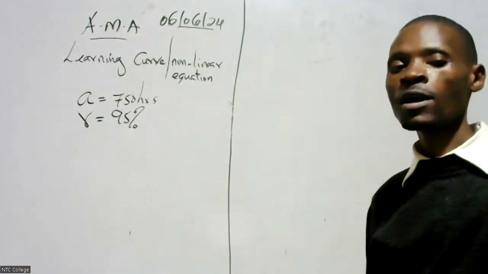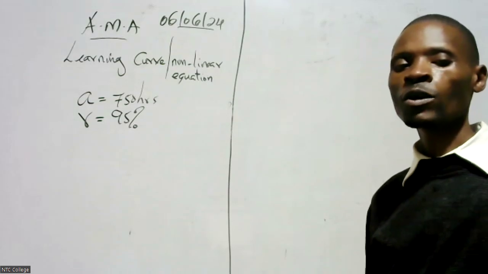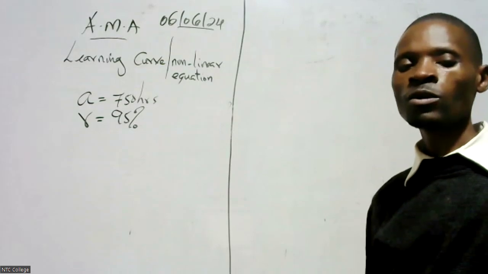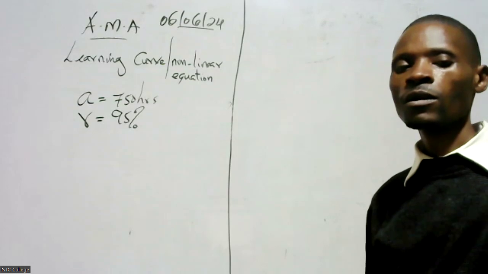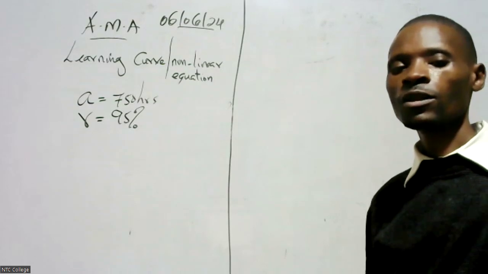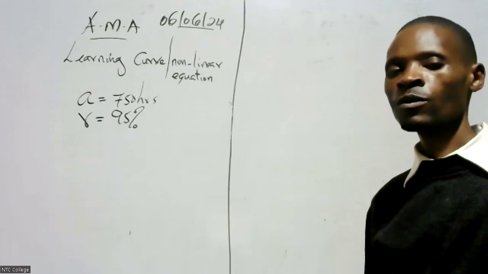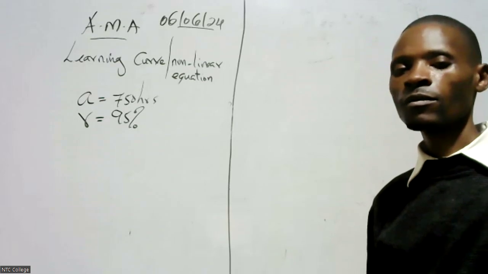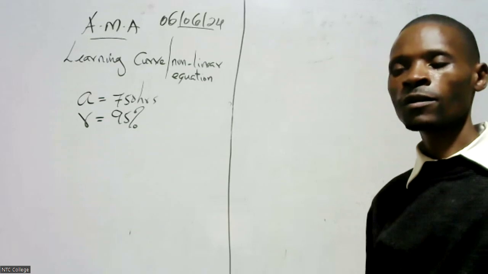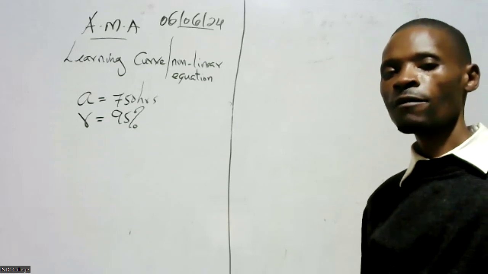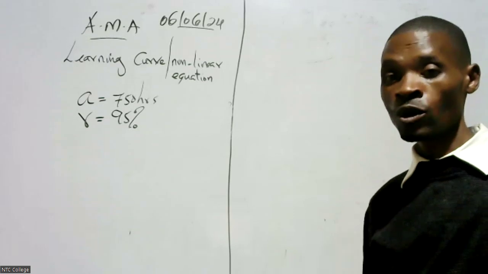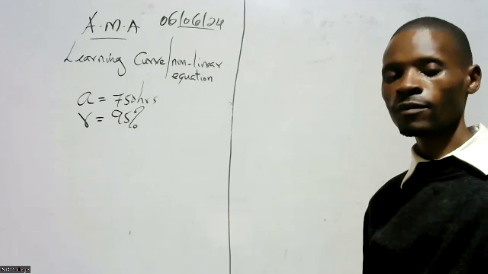Roman 1, time taken to produce 50 units. Roman 2, average time to produce 50 units.